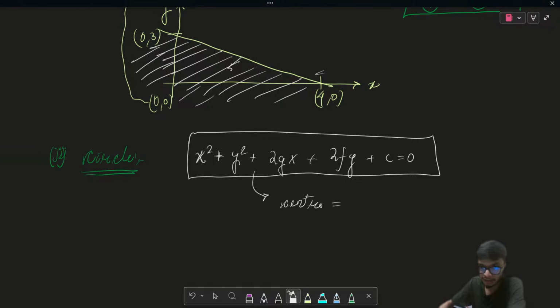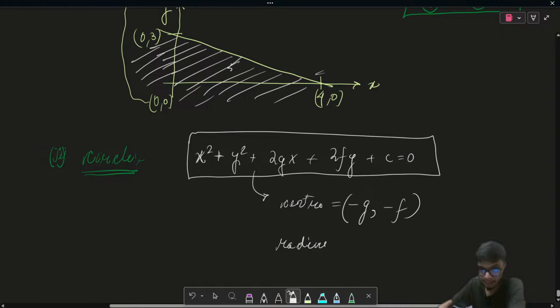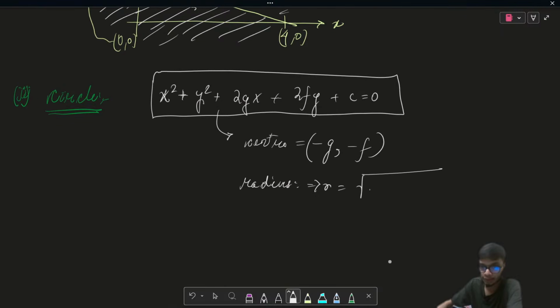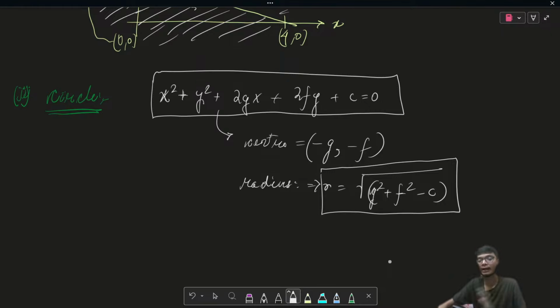First of all, my center will be given as minus g comma minus f, and my radius will be given as r is equal to square root of g square plus f square minus c. Okay, so my radius will be given by this particular formula, right? I hope you have already learned this nicely in your class 11th, right? So that's why I'm quickly writing these results, right?